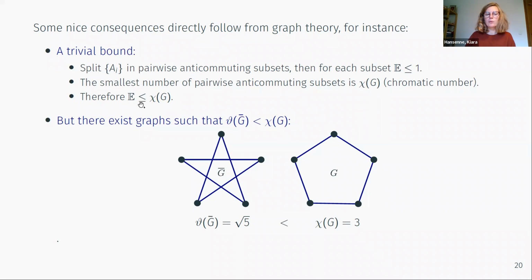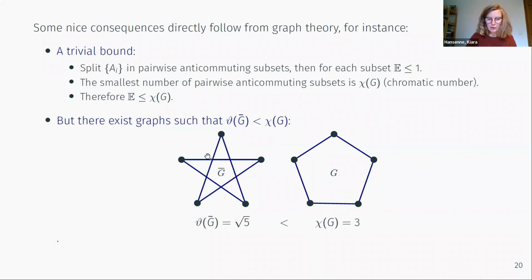So this is just a bound that follows from the maximally pairwise anti-commuting bound. But what is interesting is that we have some graphs where the Lovász number of the anti-commuting graph is strictly smaller than the chromatic number of the complement.